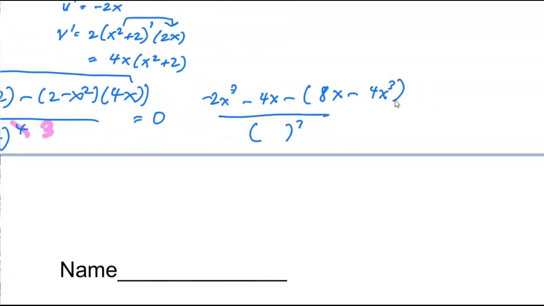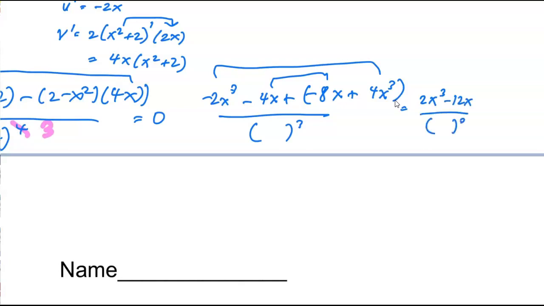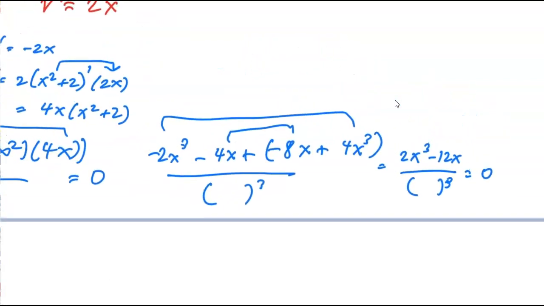Then I will combine this, and this would be negative 12x. This would be 4x cubed minus 2x cubed, so it would be 2x cubed minus 12x over something cubed equals 0. So now I know that 2x cubed minus 12x is equal to 0.